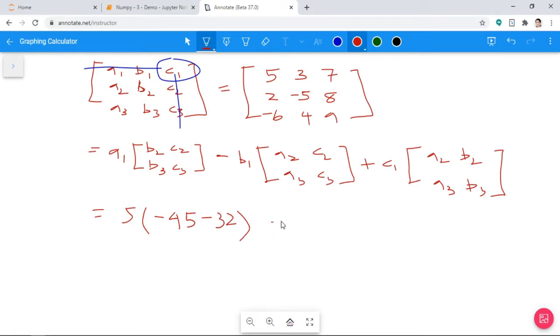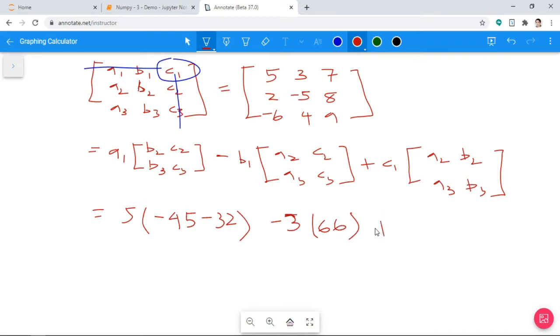My B1 is negative 3. We multiply A2 to C3, so this one is 18, minus 48. So that will be plus, and this one will be 66. I'm going directly here, not showing the other operations.